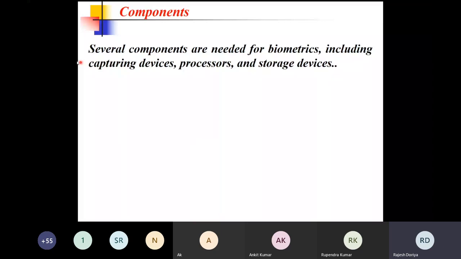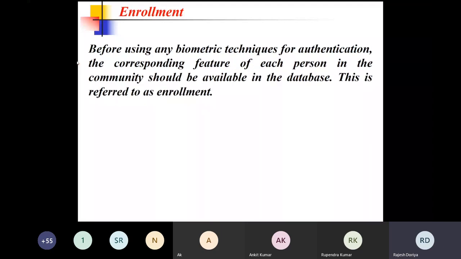The other part is enrollment. Before authentication, each and every entity needs to enroll itself in order to create a database, and the database will be referred to later to prove the authentication.